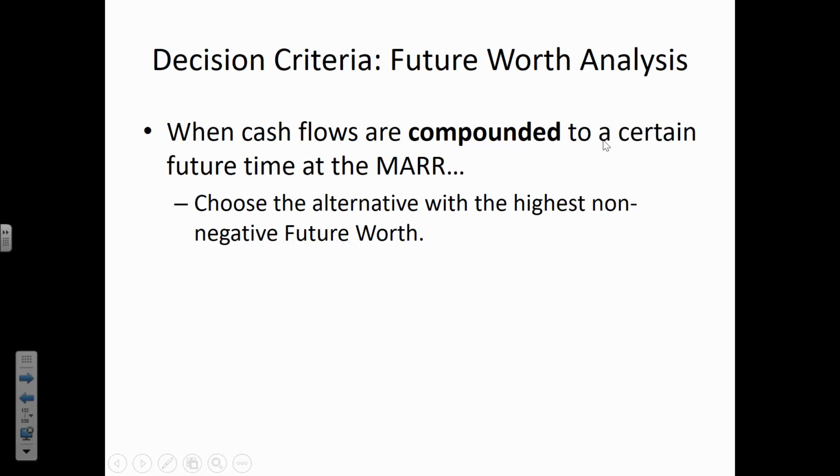And then it says here, to a certain future time. It may be that you're moving it to year 10. It may be that you're moving it to year 20. It's context dependent. It's not always going to be a fixed time. It may depend on what your other alternatives are, which date you move it to. So you sometimes have to look at the individual problem to have a clue of what year you need to do the compounding to.